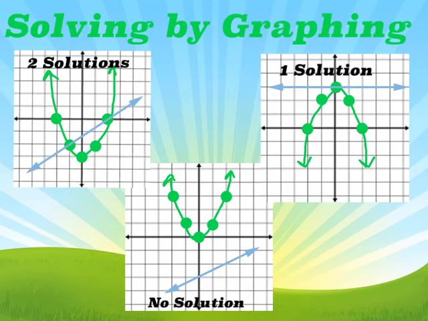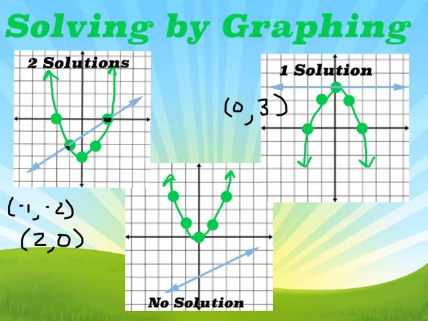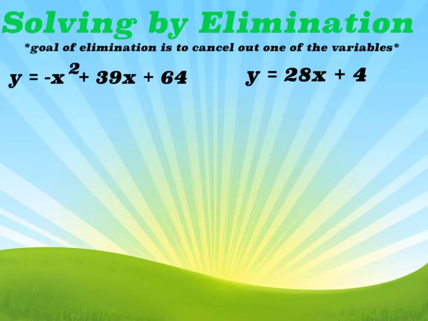The first graph has solutions at -1, -2, that's this point here, and 2, 0, that's this point here. To the right, our solution is 0, 3, right there. Our solutions will always be written as ordered pairs, your x, y.